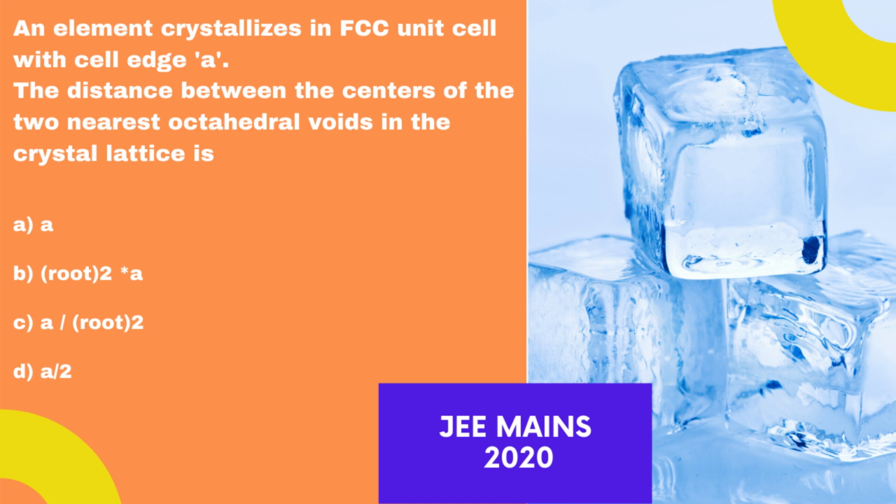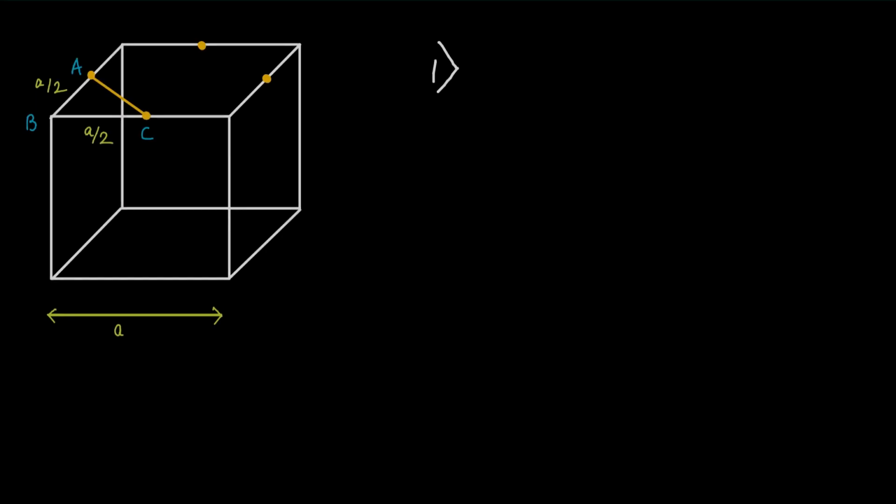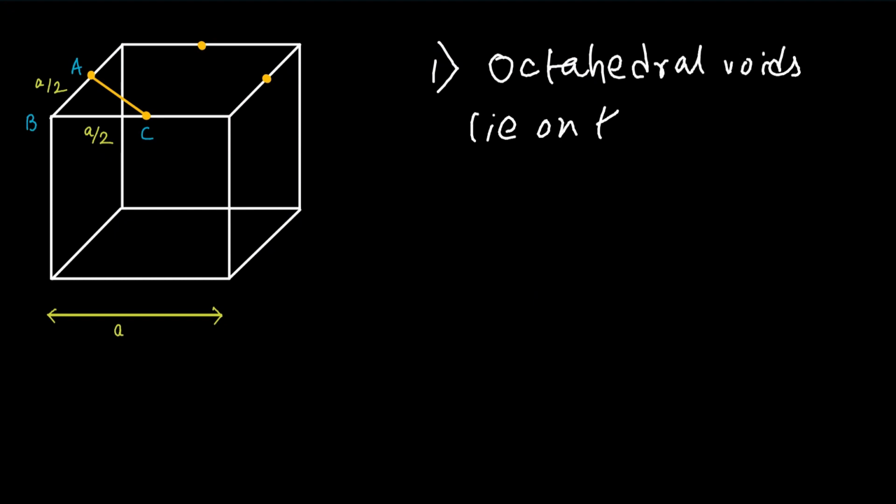Okay, you are given four options. You have to find the distance between the centers of two nearest octahedral voids. Now we know that in case of an FCC unit cell, the octahedral voids lie on the edge centers and body center.